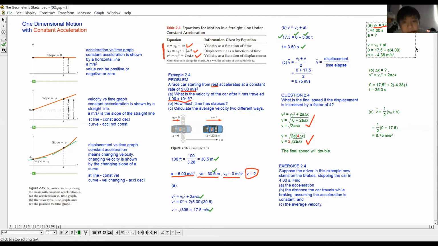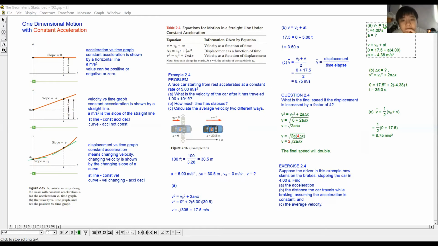The final velocity from the first problem is 17.5, so if we continue from here, it is the initial velocity for the next part of the journey. The initial velocity is 17.5.